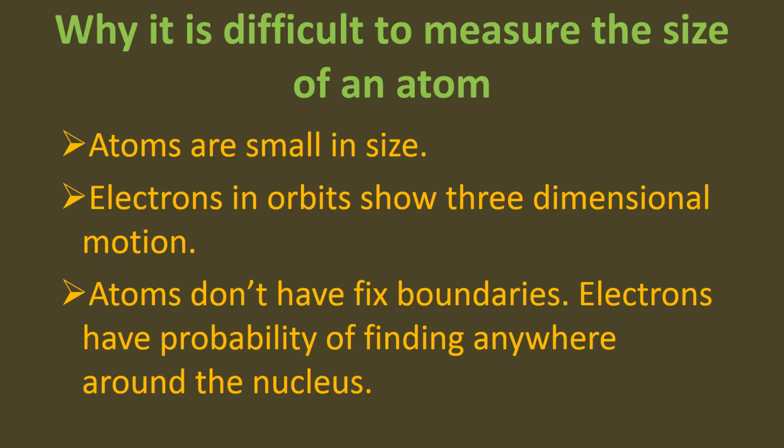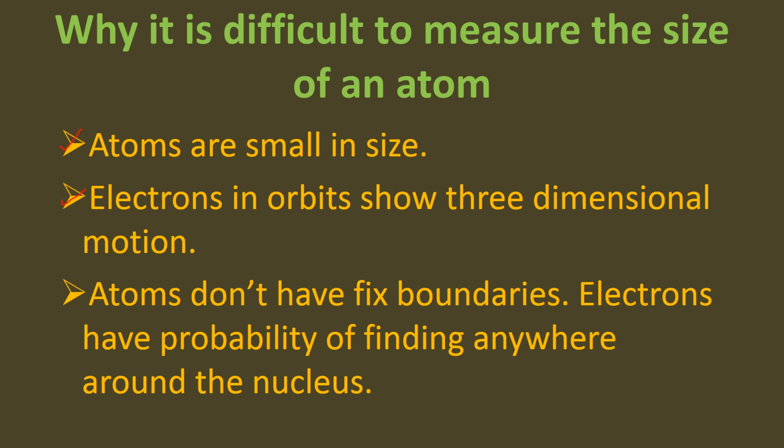Why is it difficult to measure the size of an atom? Have you ever seen an atom? Never. So please memorize it. Atoms are small in size. Electrons in orbits show three-dimensional motion. Atoms don't have fixed boundaries, and electrons have a probability of being found anywhere around the nucleus.